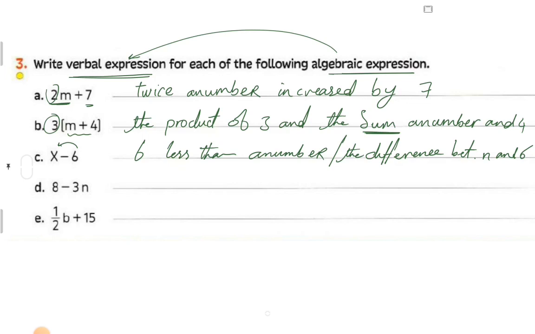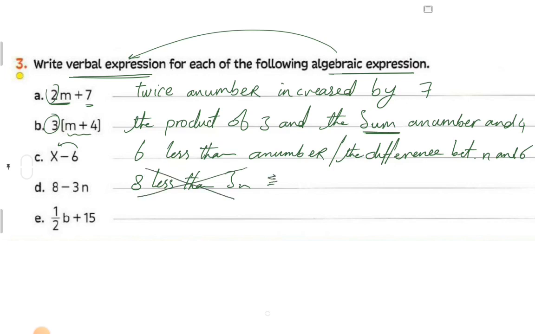8 minus 3n. Okay, 8 less than what? 3n, right? No, that statement means 3n minus 8 and it's wrong.